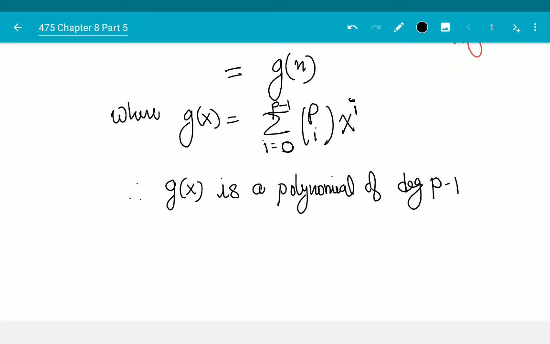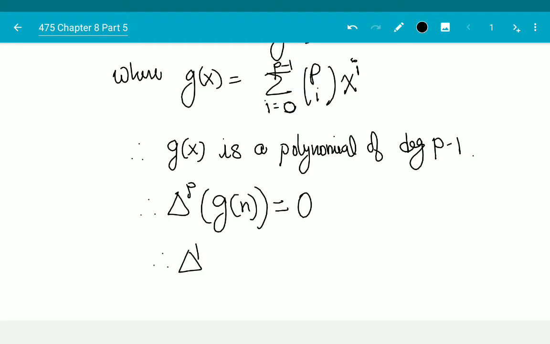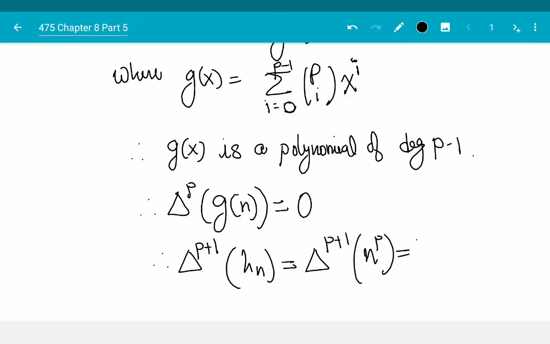And since I have assumed that my induction result holds for p minus 1, therefore delta to the p of g of n is equal to 0, and therefore delta to the p plus 1 of h of n is equal to delta to the p plus 1 of n to the p, which is equal to 0.